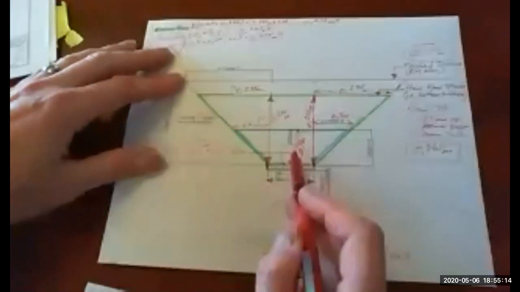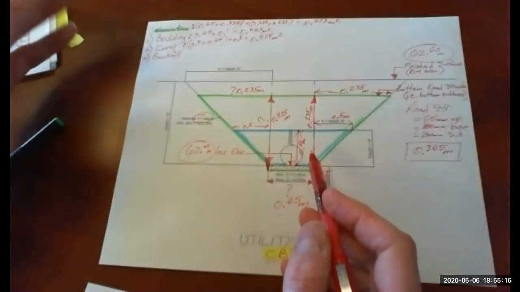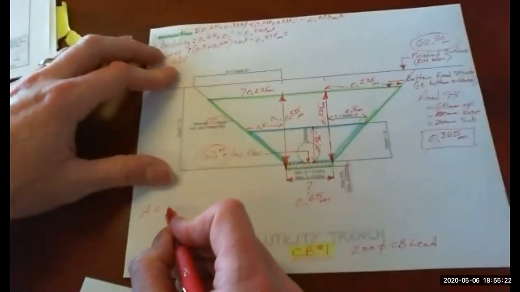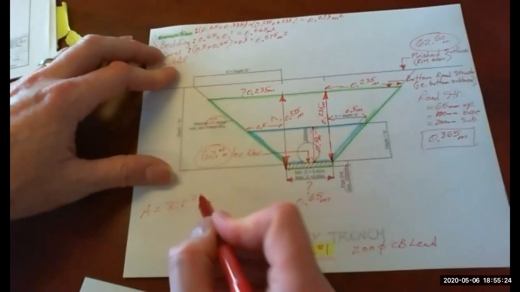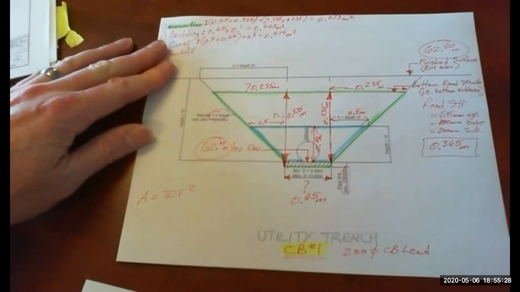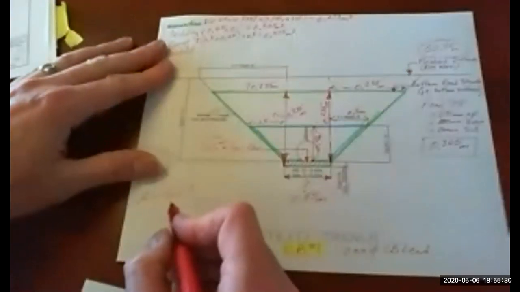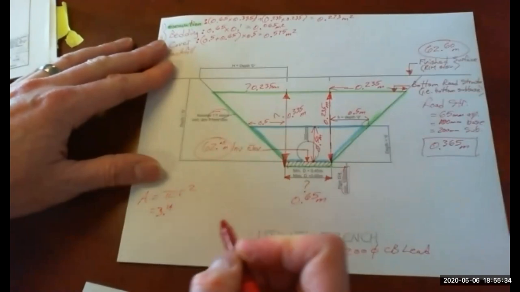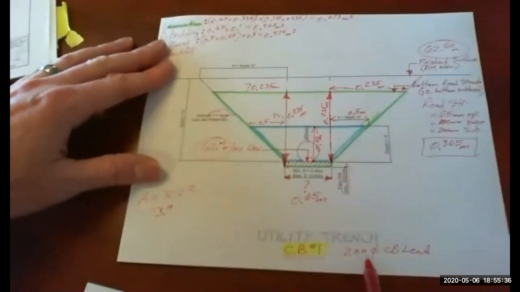So we need to calculate the end area of the pipe. So area of a circle is pi r squared. So pi is 3.14. R is the radius, so half of the diameter.